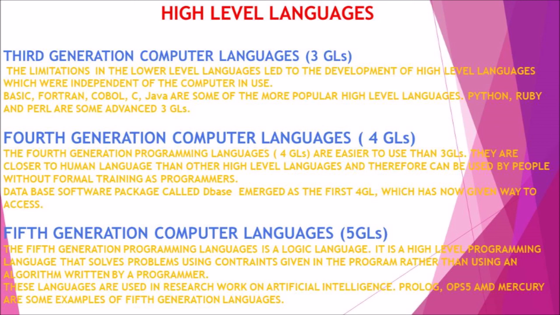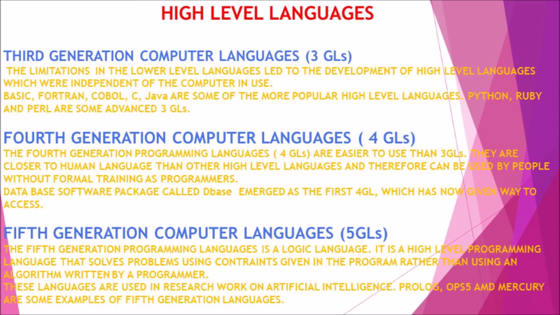Some fourth generation programming languages are database software packages like dBase, and even Microsoft Access. Even the advanced third generation programming languages, like Python, Ruby, and Perl, play a major role in the fourth generation. All these are combined with the fourth generation computer languages.